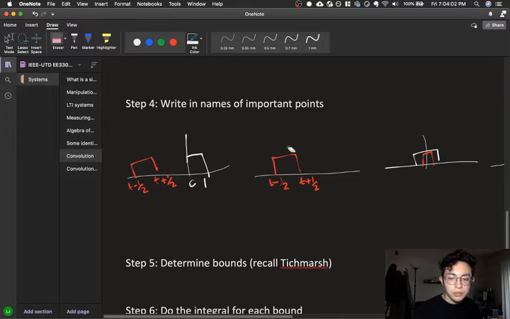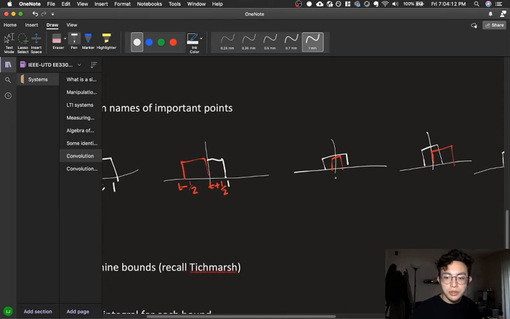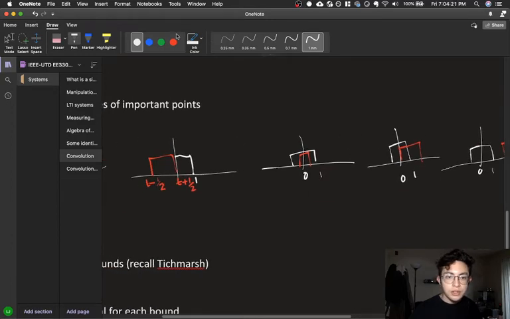So this one's also going to be from 0 to 1. And this one will also be from 0 to 1, and this one also 0 to 1. And this one's t plus 1/2, t minus 1/2, t plus 1/2.